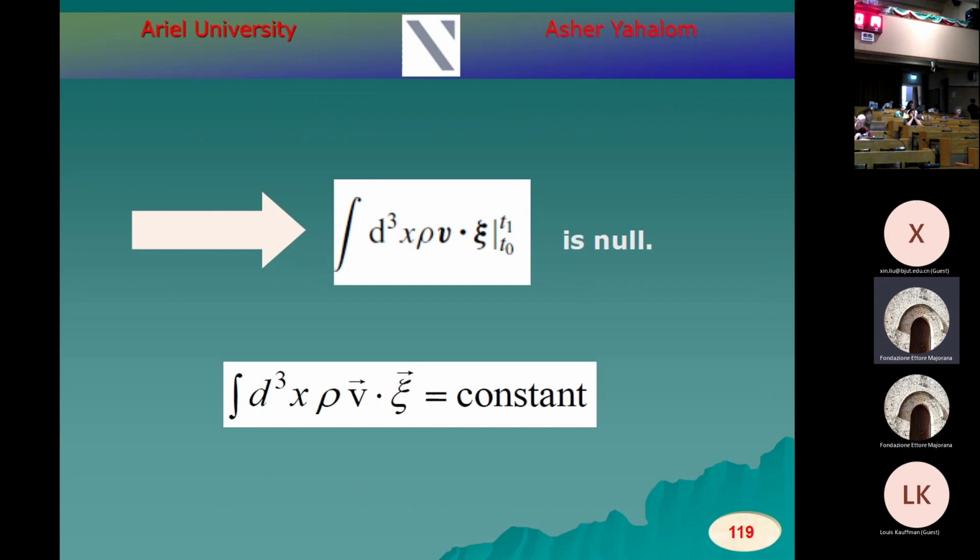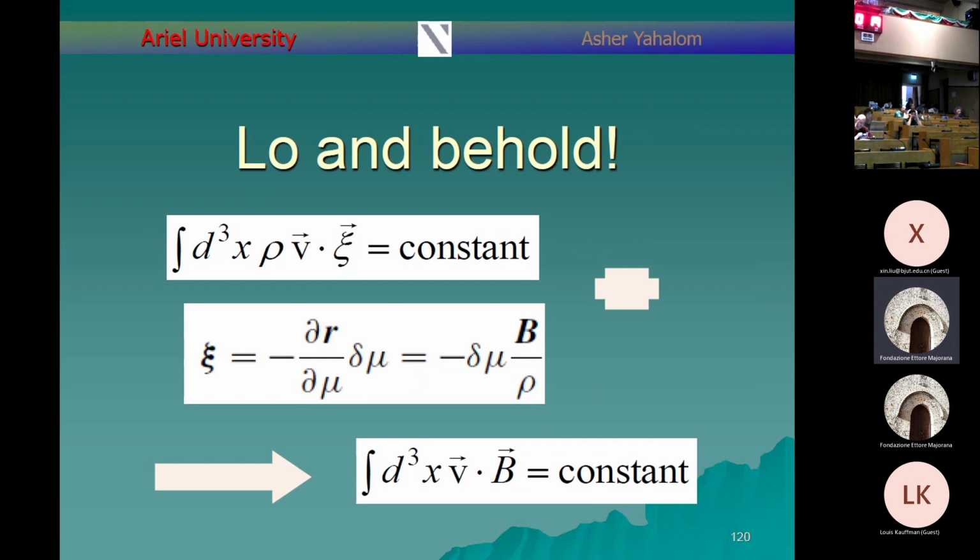This must be constant in time. And when you plug in this specific symmetry displacement, lo and behold, you get this cross-helicity.